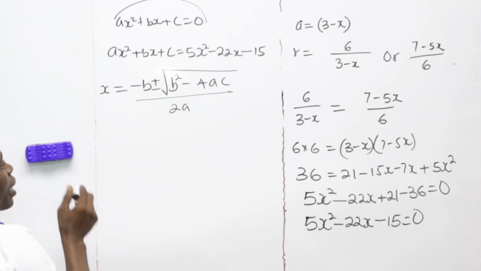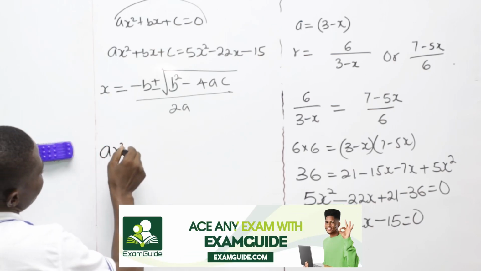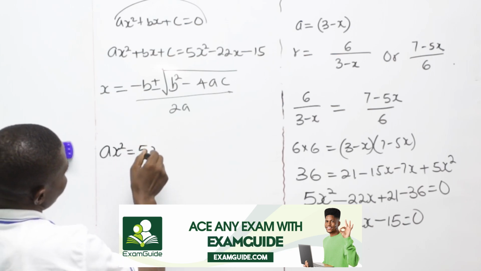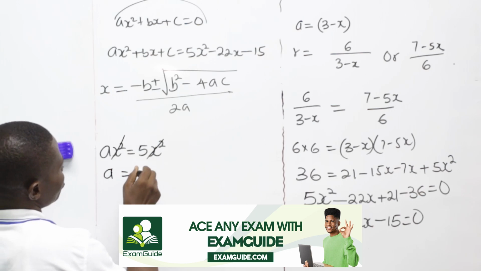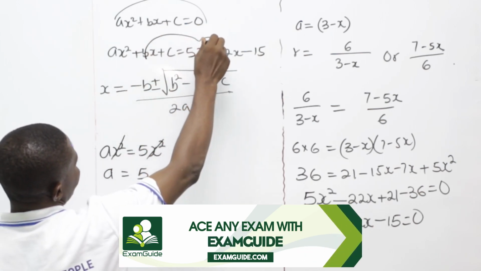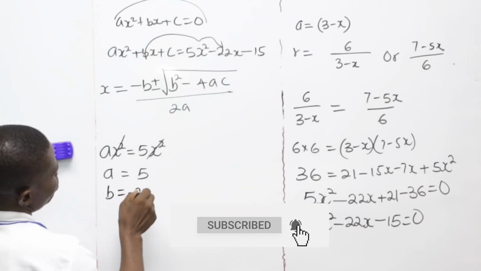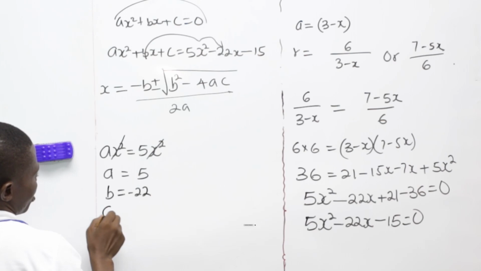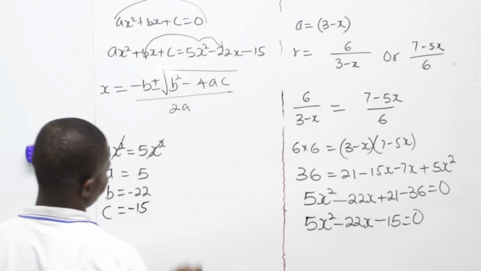So from here, by comparison, you can see that ax squared is equal to 5x squared. So that a gives us what? 5. Comparing this with this, you can see that b will give us minus 22. Comparing c to a constant, which is minus 15.